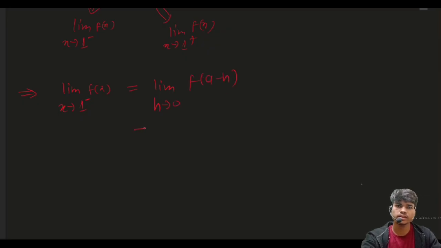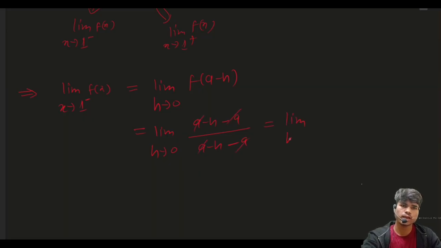Also we can write this limit h tends to 0 of a minus h minus a divided by a minus h minus a. This will cancel out each other. We will get limit h tends to 0 minus h divided by minus h, and then this cancels out, so we have left hand limit 1.